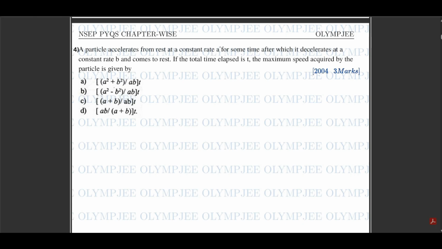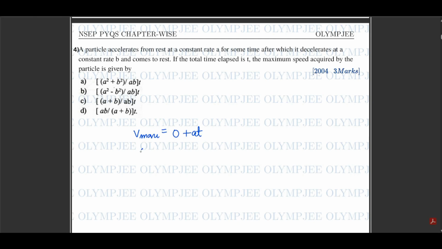So the point where the acceleration changes from a to b will be the point of maximum velocity, because before that the acceleration is positive, so velocity will continuously increase. So we can write that v max is equal to 0 plus a t1, because the initial velocity is 0 as it is starting from rest.